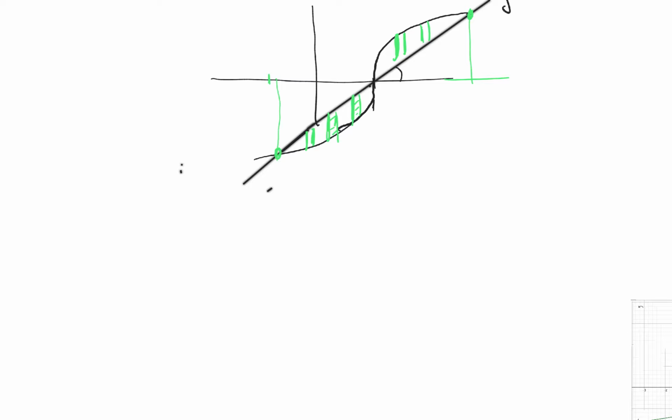So I will say the first function is y1 equals x minus 1. The second function is y2 equals the cubic root of x minus 1, and the intersection is when y1 equals y2. What is the point?